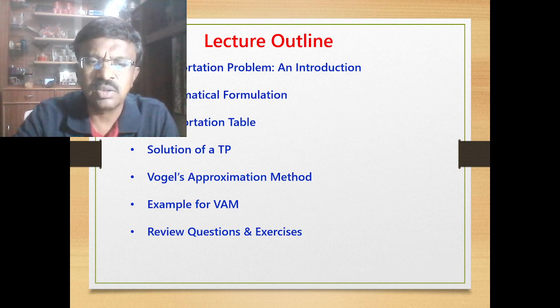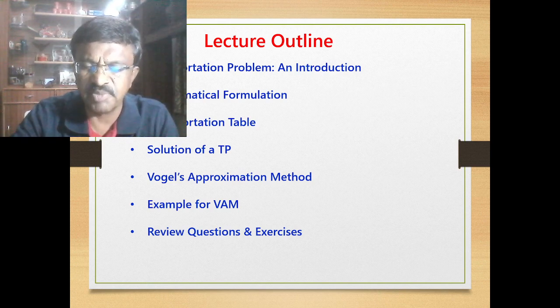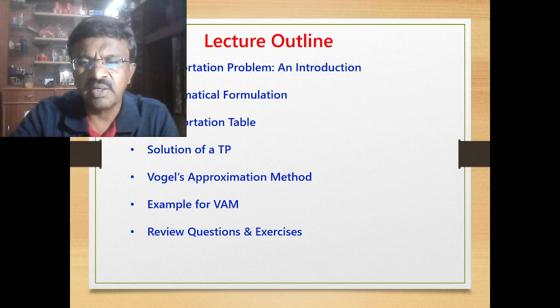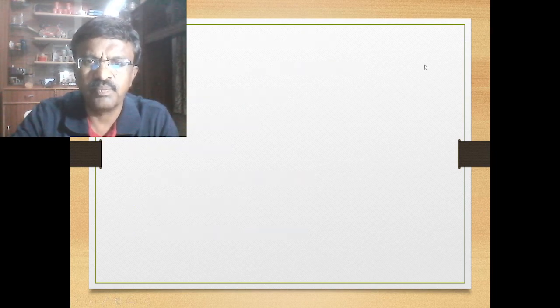Then solution of a transportation problem. Then we will see one of the methods of finding initial solutions of a transportation problem known as Vogel's approximation method, otherwise VAM. Then we will fully work out an example for VAM. Then finally, review questions and exercises for you.